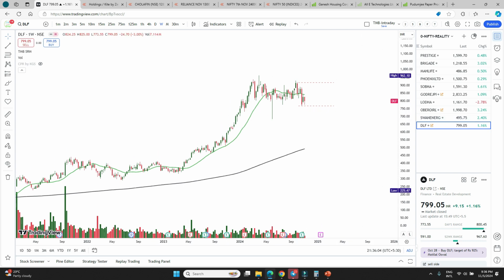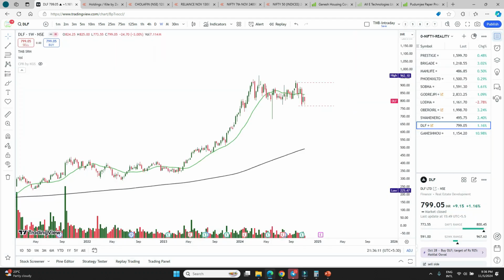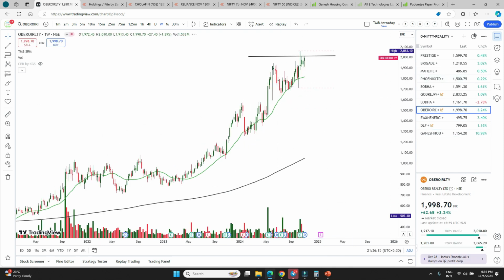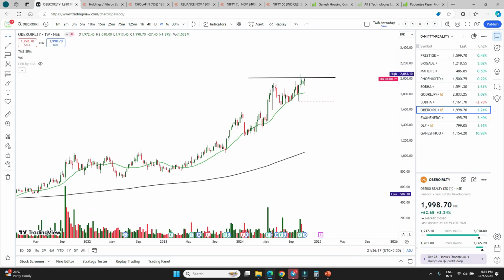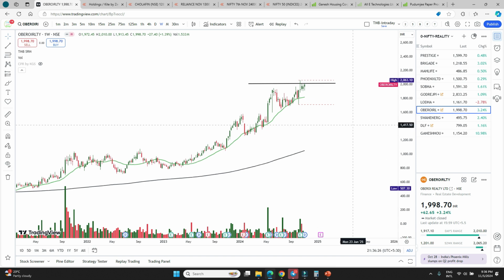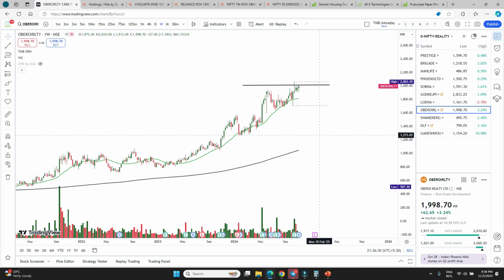All the stocks in this sector are in a bearish or correction mode, except this one and Oberoi Realty. Even in last month's video I mentioned that if you want to see the realty sector, the stock is Oberoi Realty. This is how I tell which stocks are expensive and which are not.